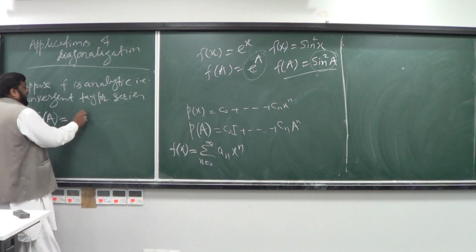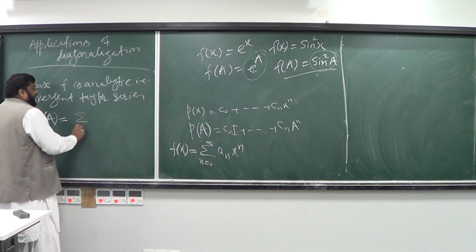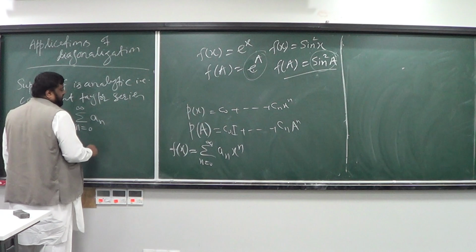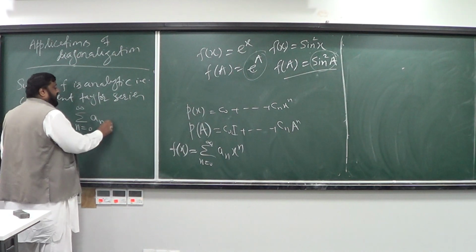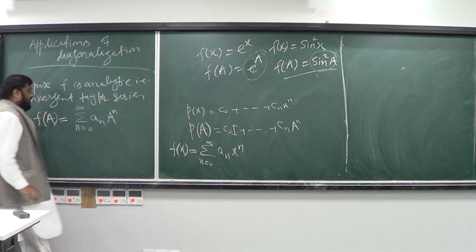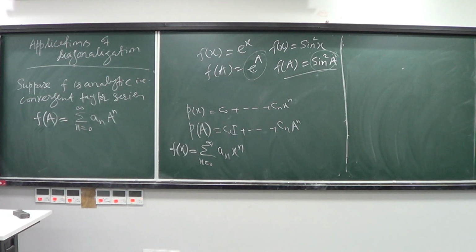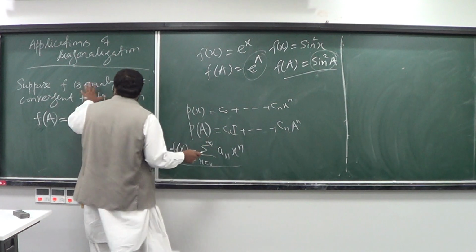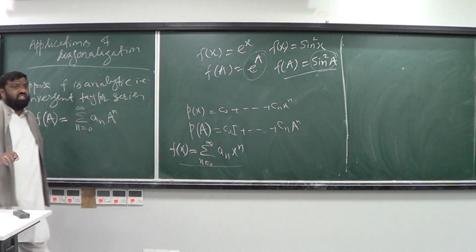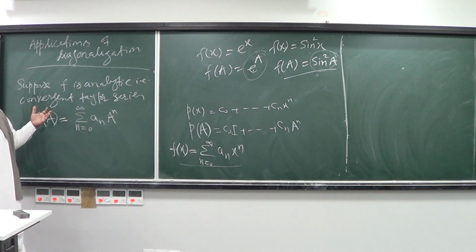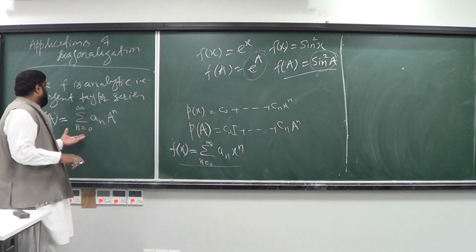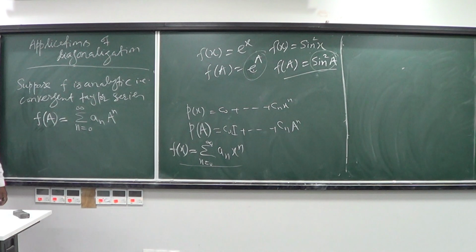The potential meaning that we can give to f of A is going to be the series n equal to 0 to infinity an, where an's are scalars, times A power n. Okay? So if this series is convergent, in other words, if your f is analytic, it has a convergent Taylor series, then this series makes sense, actually. And if this series makes sense, this series of matrices would make sense, actually.